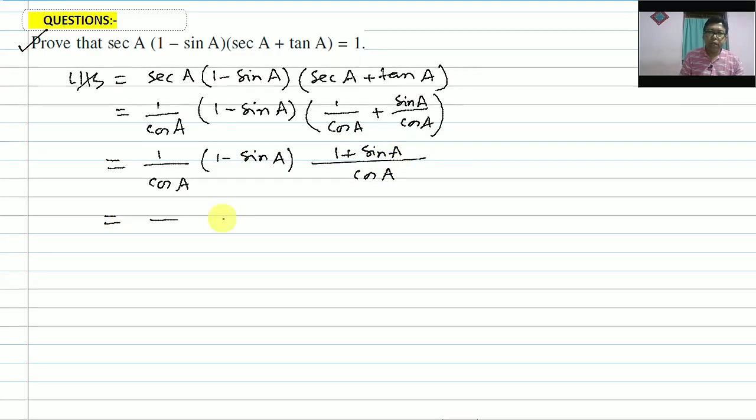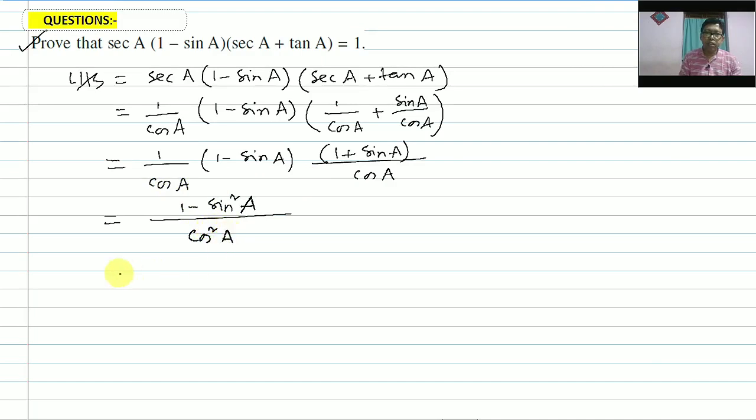So you may multiply 1 plus sin of a whole into 1 minus sin of a, that means 1 minus sin square a. What is the formula? The formula is a square minus b square is equal to a plus b whole into a minus b, and cos of a into cos of a means cos square a. So write cos square a. And what is 1 minus sin square a? Because you know sin square theta plus cos square theta is equal to 1.